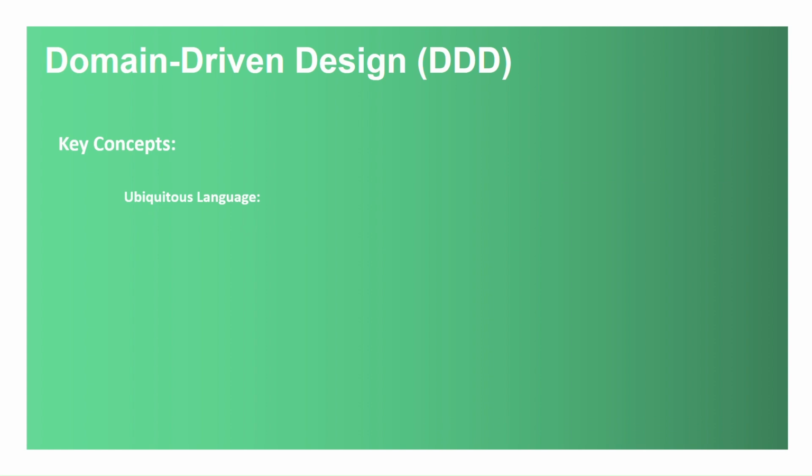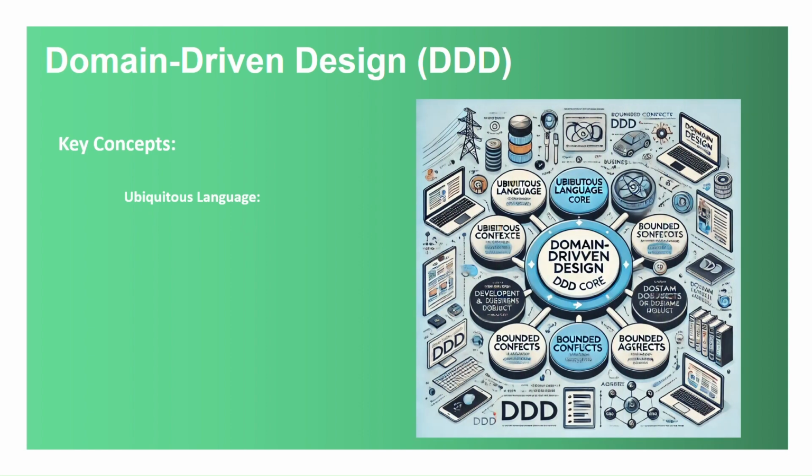This ensures everyone is on the same page. Bounded context divides your system into different sections, each with its own domain model. This reduces complexity by keeping related concepts together. Aggregates define clusters of domain objects that should be treated as a single unit for data changes.